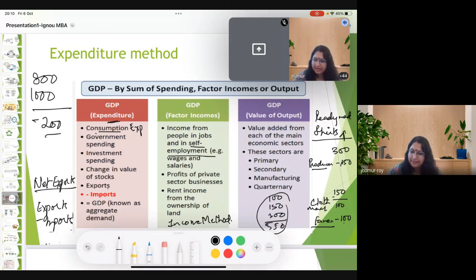So if you just add the farmer's income, the cloth merchant's income, and the producer's income, it comes to 550 rupees. So from the income method, we might say this is the income.